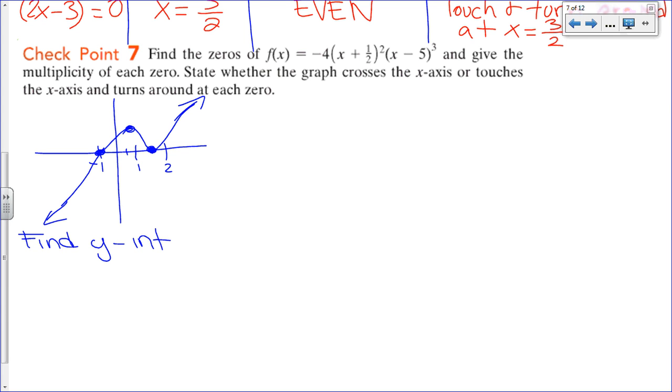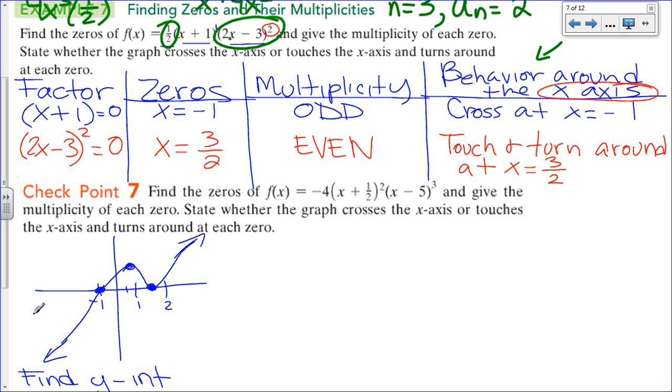So you guys already know that to find the y-intercept, what you need to do is substitute x with a 0, correct? So if I'm going to do that, we find f of 0. So if I do that, it will be 1/2 times 0 plus 1, and then 2 times 0 minus 3, and then we're squaring all of that.